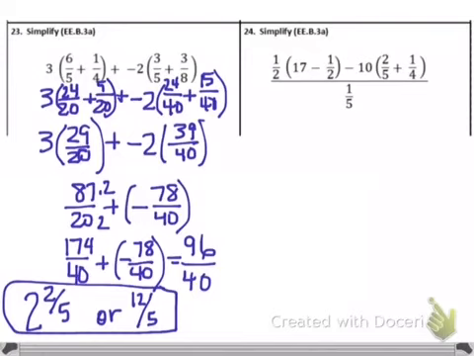It says that we're going to divide everything upstairs by the 1/5, but that means I've got to do all the work upstairs first.